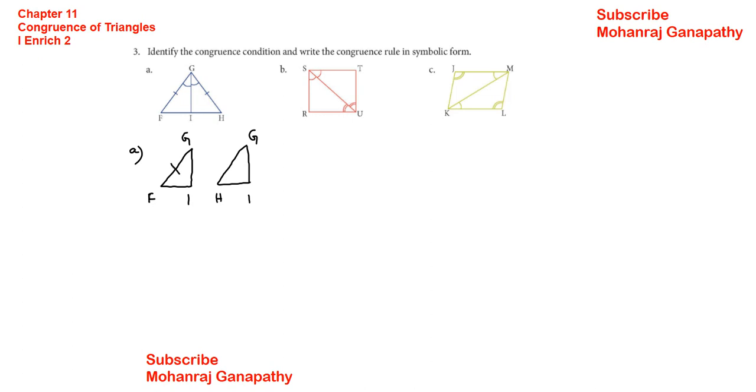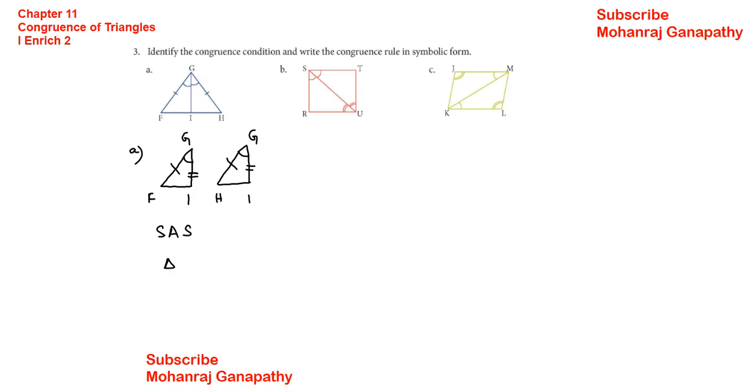FG is equal to HG. Angle FGI is equal to angle HGI. And GI is equal to GI. So what type of congruence is it? Side-angle-side congruence.